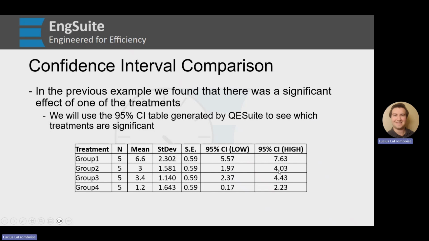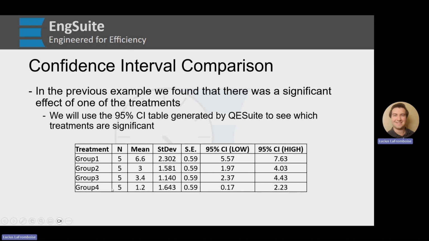using the 95% confidence interval. We look at group 2, and we see that these two here overlap between 2.37 and 4.03. So there's no significant difference here at the 95% confidence interval. If we look at this bottom one here, group 4, we're not going to be intersecting anything on the low end, so let's look at the high, 2.23, and that is greater than 1.97.